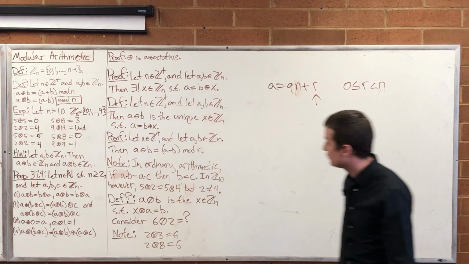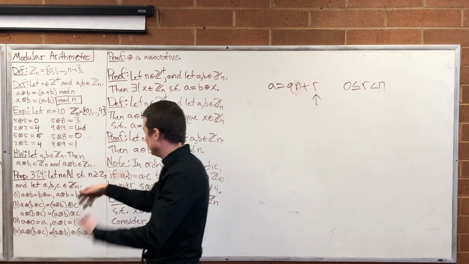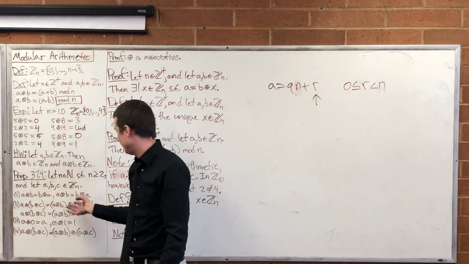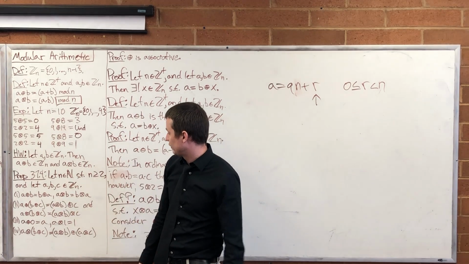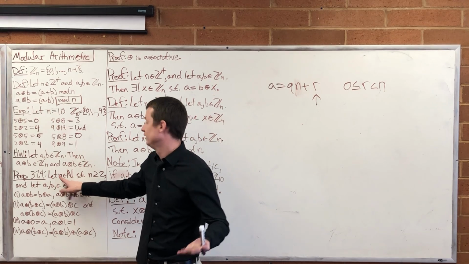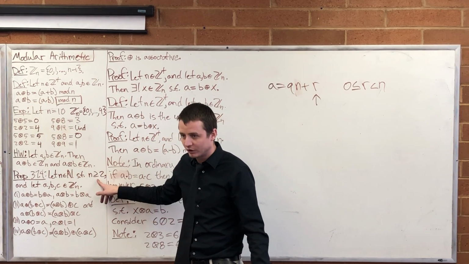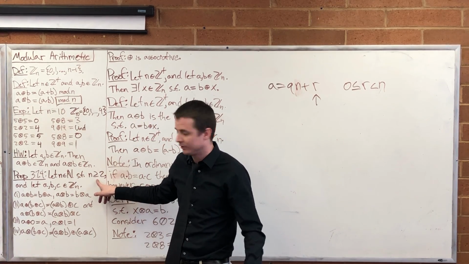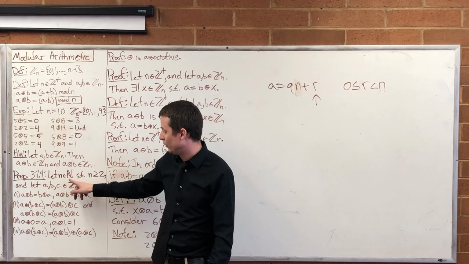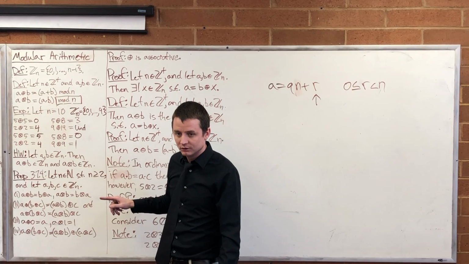Alright, where are we at? Somewhere down here. Okay, a bunch of properties that these things satisfy. Properties we all know and love, and that we would expect these things to have. So let n be a positive integer greater than or equal to 2. We just want to make sure that 0 and 1 are in our Zn.